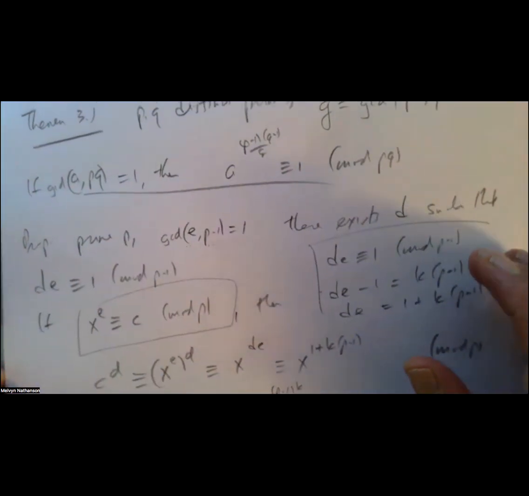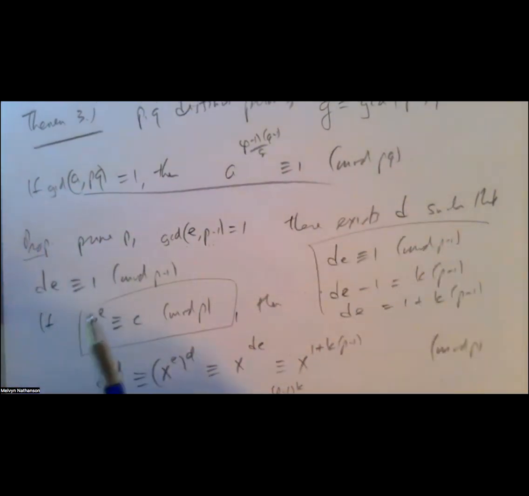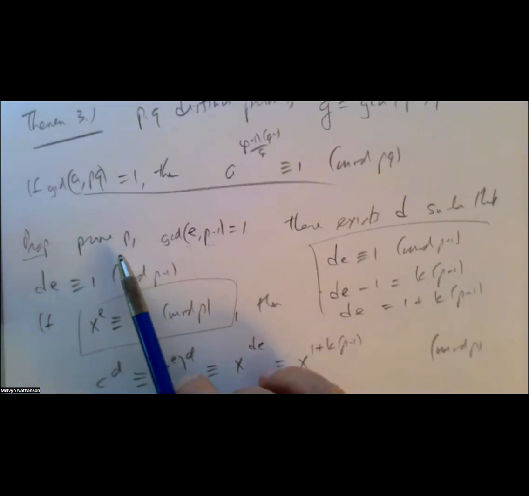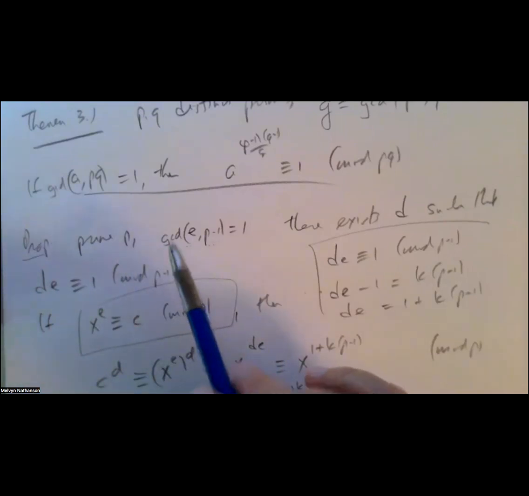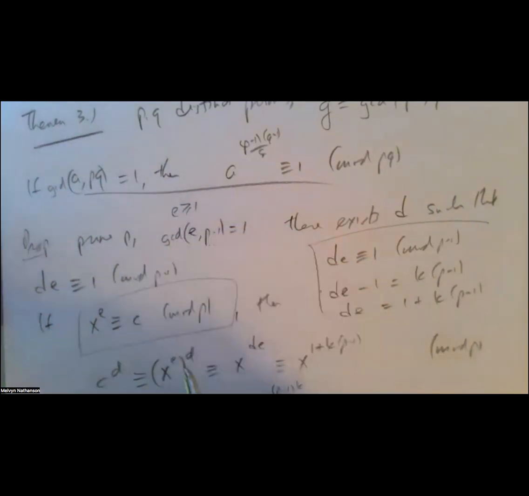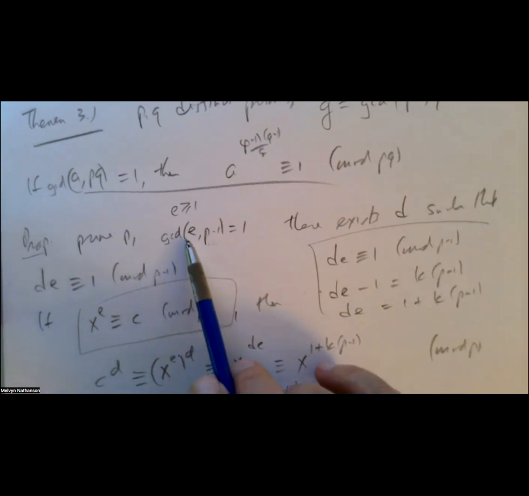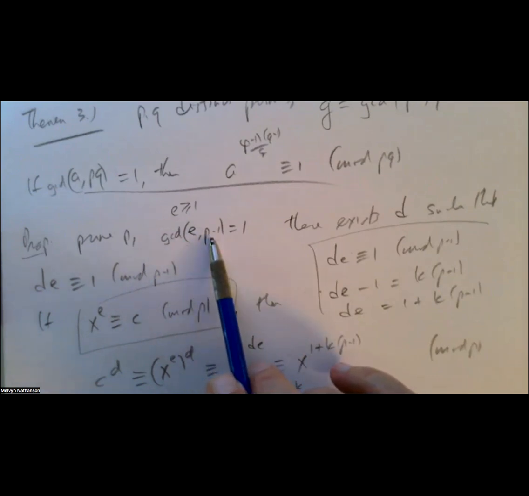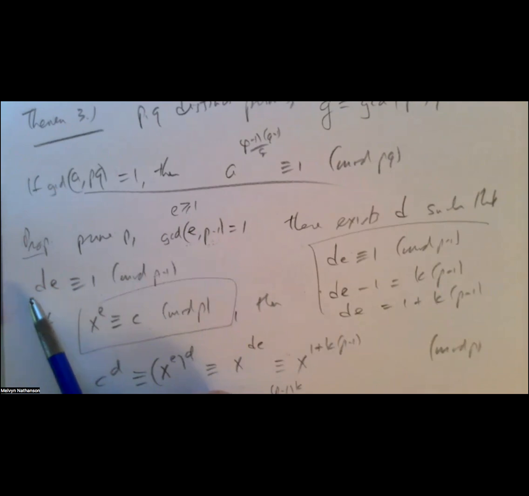Let me just start this again, just to try and make it a little bit clearer. This is a proposition. You have a prime number P and a positive integer E, E greater than or equal to 1, which is relatively prime to P minus 1. So by our understanding of units with respect to congruences, if E is relatively prime to P minus 1, there's an integer D such that D times E is congruent to 1 mod P minus 1.